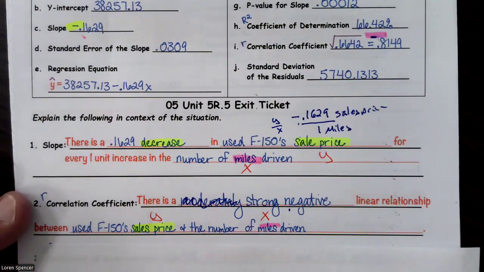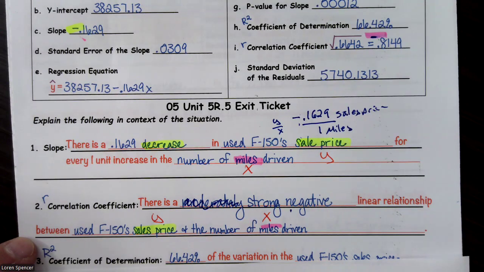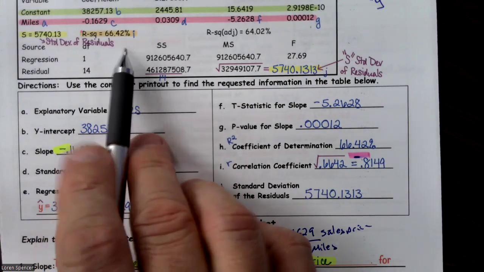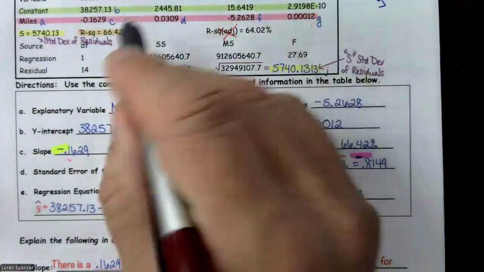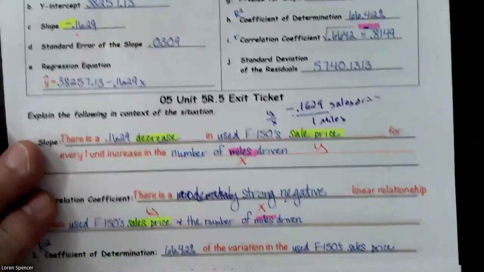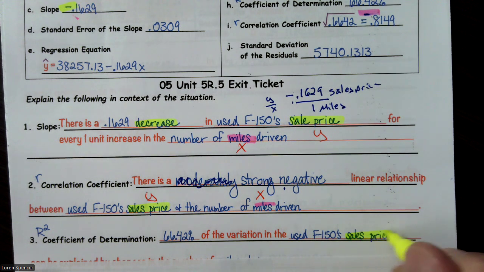Okay? Next thing, coefficient of determination. That's our R squared. And we got that right off the computer printout because they gave us the R squared. And remember, we never used this one. So we got our R squared and 62.4% of the variation in, you know what this is?